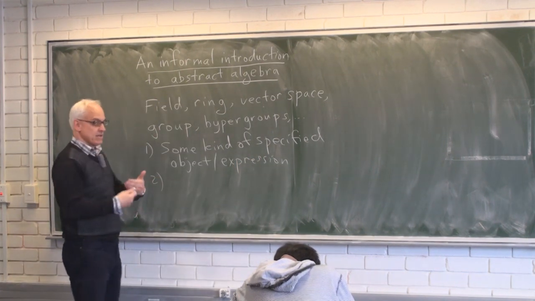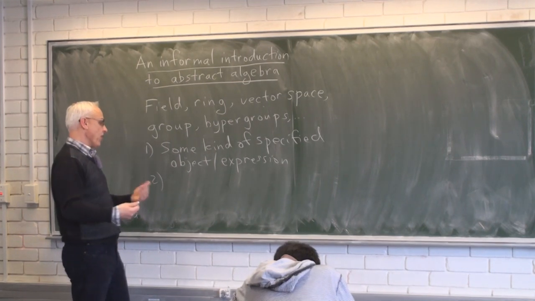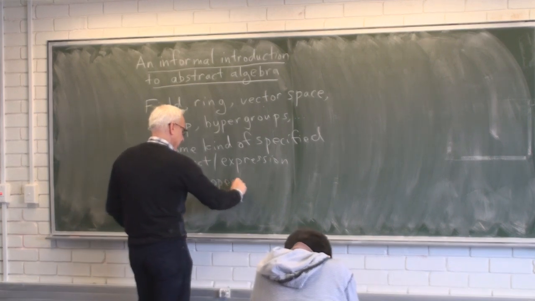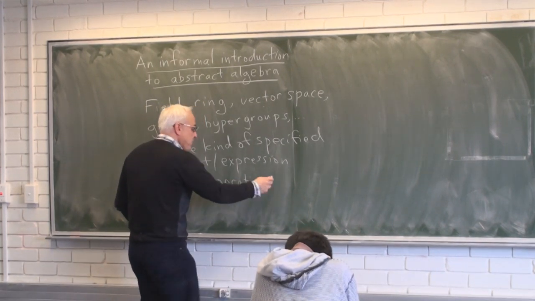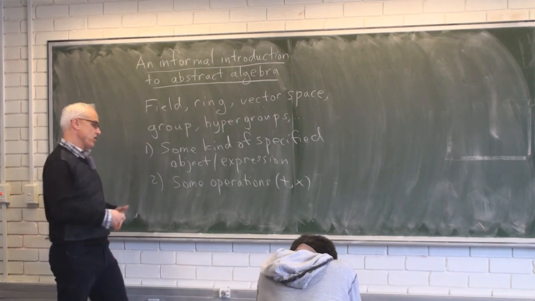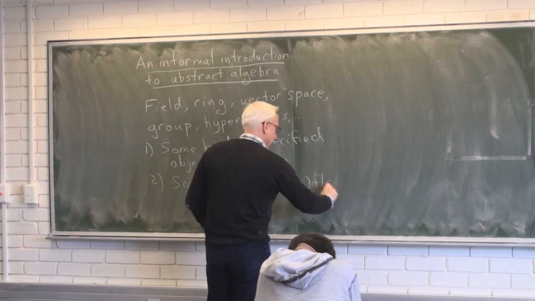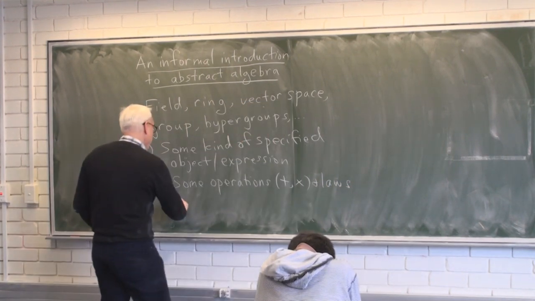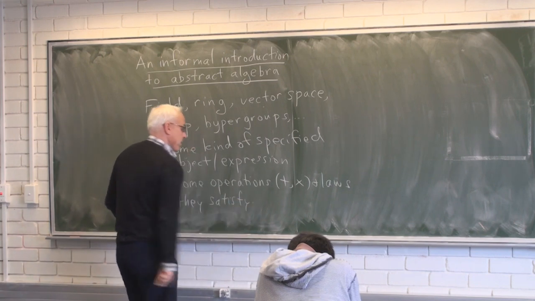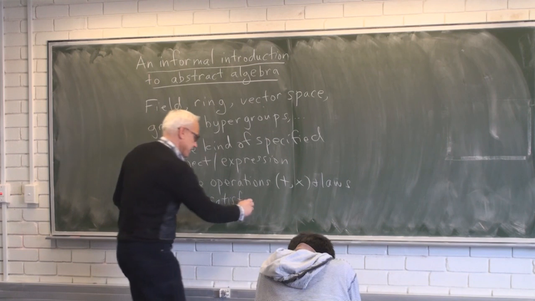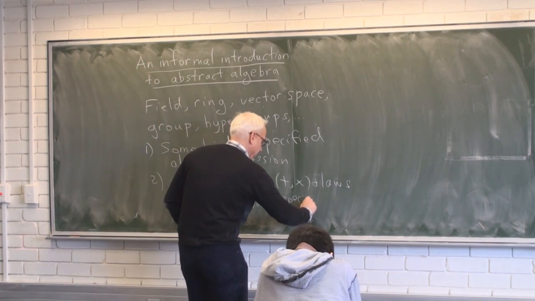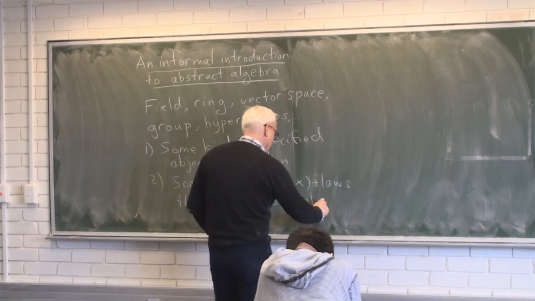And then we have some notions of operations with those objects or expressions, typically like addition and multiplication, and various laws that they satisfy. There might also be some special elements that play distinguished roles in that particular topic.